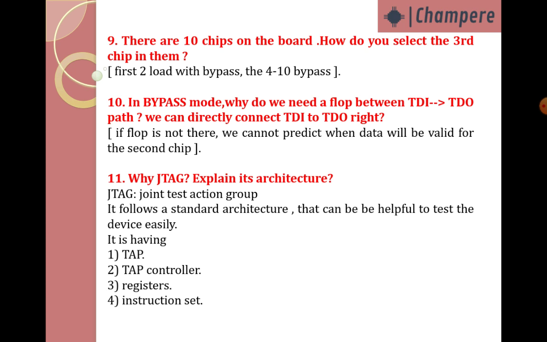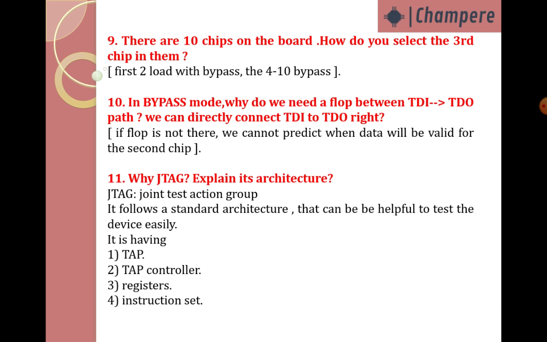So like that the third chip will be selected. The first two we need to bypass, the remaining 4 to 10 also, and the third will not be bypassed in this case. Like that we can select the third chip.